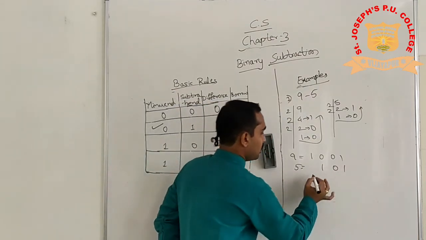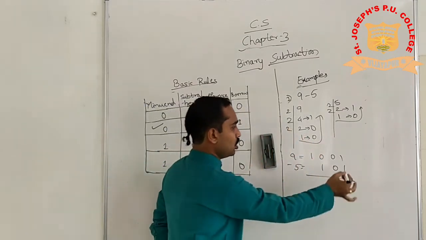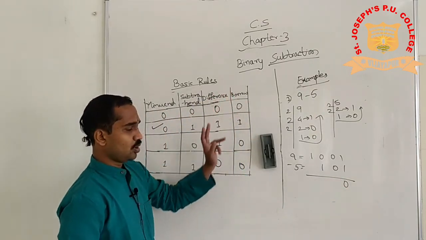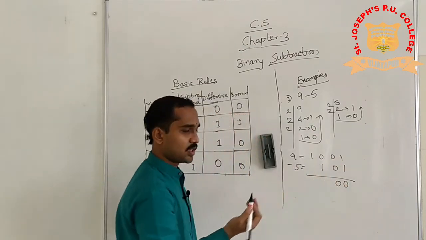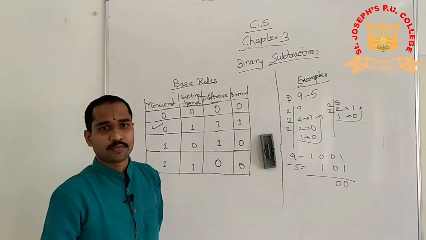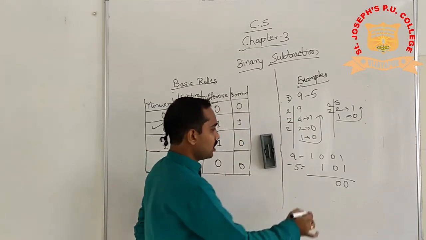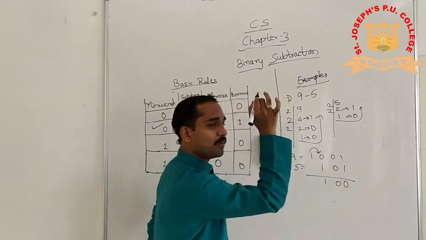101. Now take the difference of these two, 9 minus 5. How to do? 1 minus 1, difference is also 0, borrow is also 0, written. 0 minus 0, difference is also 0, borrow is also 0. 0 minus 1. Now what to do? Difference is 1, borrow is 1, correct? So difference is 1 and you have taken 1 as the borrow.